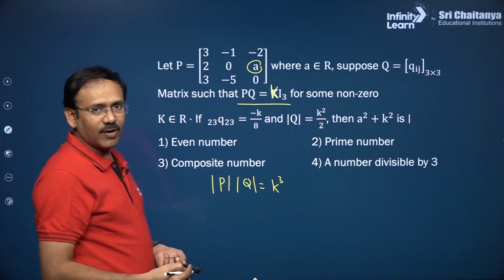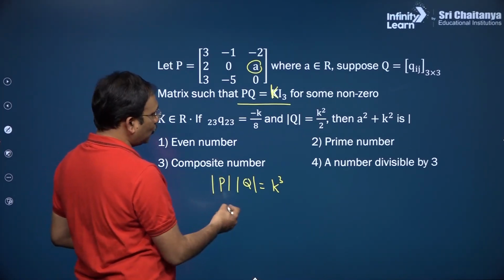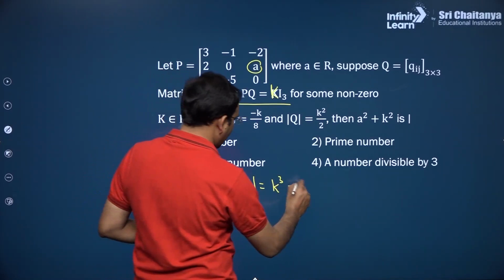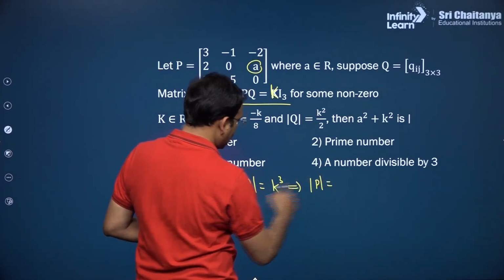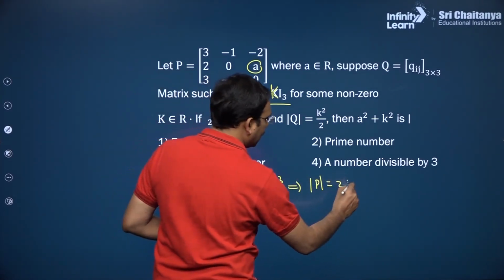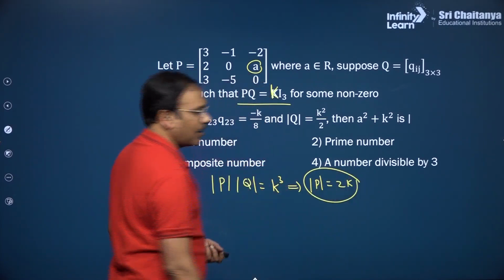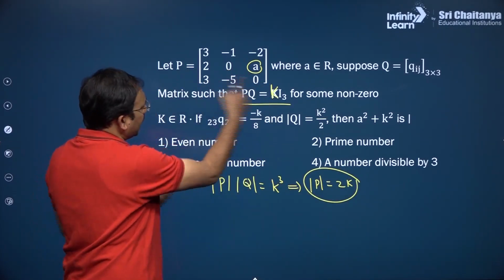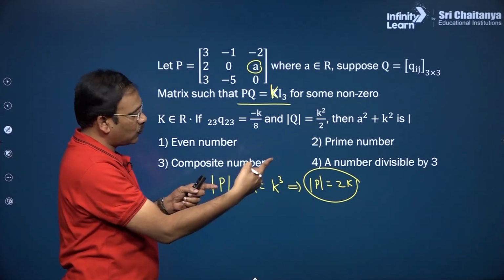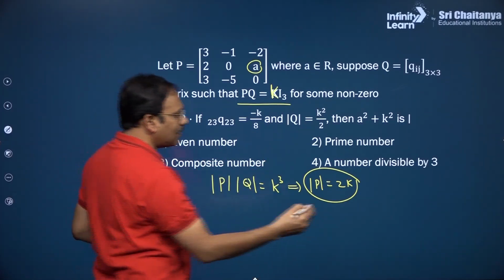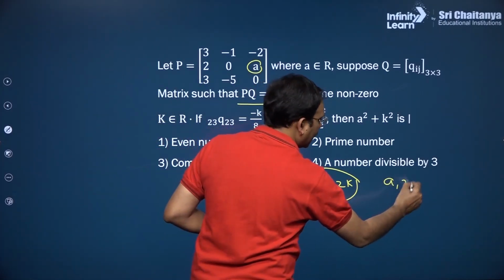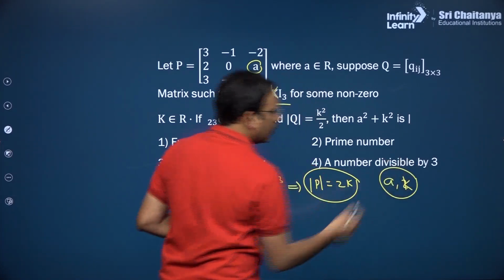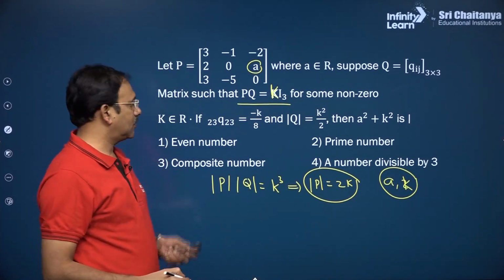So det I is 1. Det Q he has already given as k square by 2, my dear friends. So you get det P is equal to 2k. Now if you just expand the determinant of this equal to 2k, you will get a linear condition in A and k, my dear friends.